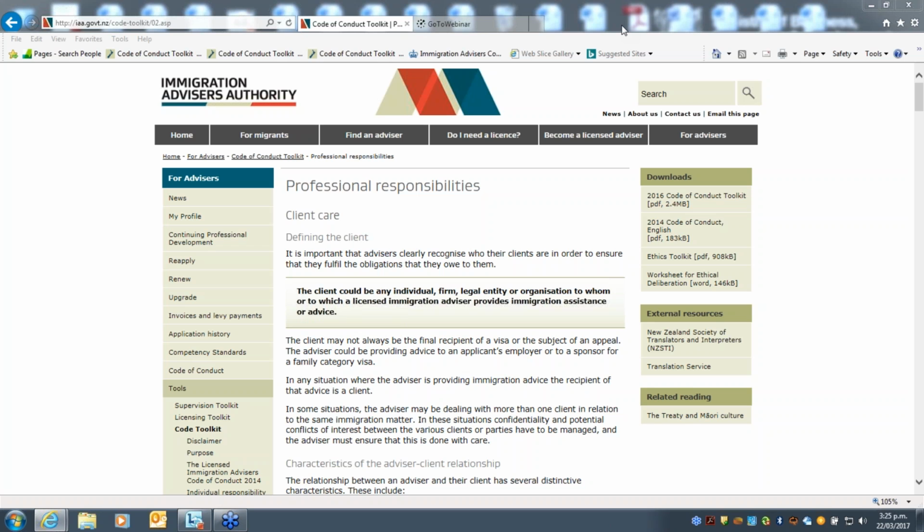And if we can see that the licensed advisor has taken all steps that they could to ensure that they had complied with the code, then that's obviously going to be taken into account.